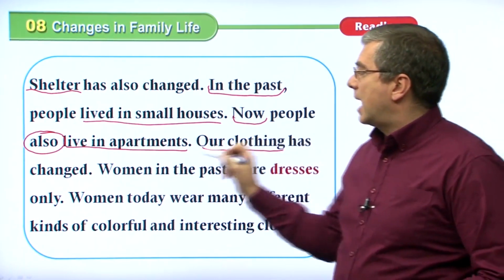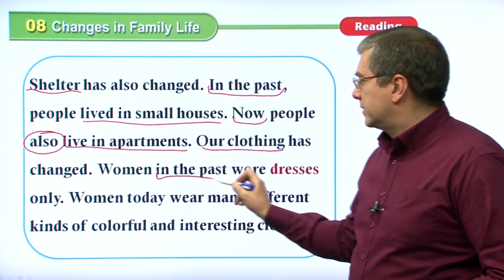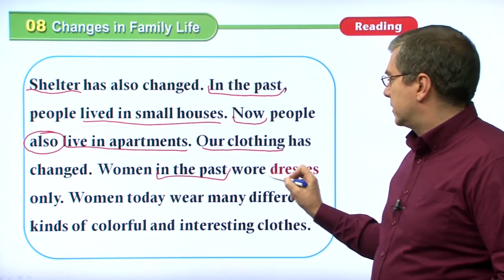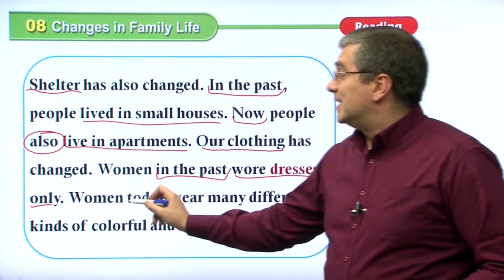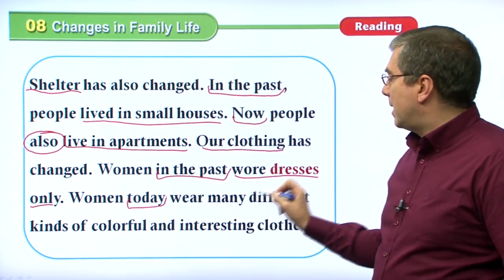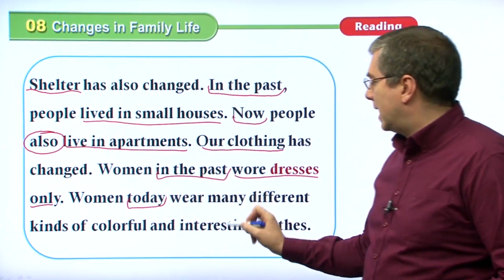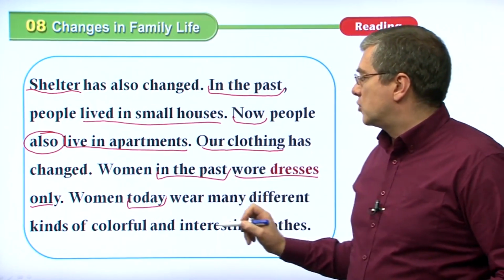Our clothing has changed. Women in the past, again, in the past, wore dresses. They wore dresses only, right? Women today, okay, that's now, right? Women today wear many different kinds of colorful and interesting clothes. So the difference, of course, in the past, women wore dresses.